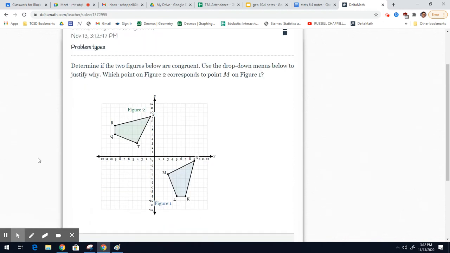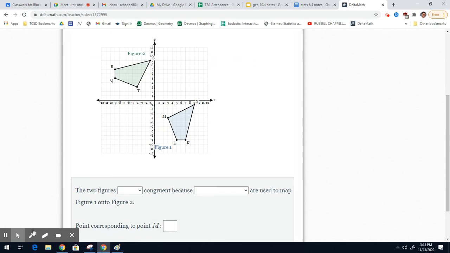Okay, this problem says determine if the two figures below are congruent. Use the drop-down menus below to justify why. Which point on figure 2 corresponds to point M on figure 1? They give us two quadrilaterals named with different points. We need to identify whether they are going to be congruent or not. So is there a way to map one onto the other without using a dilation?